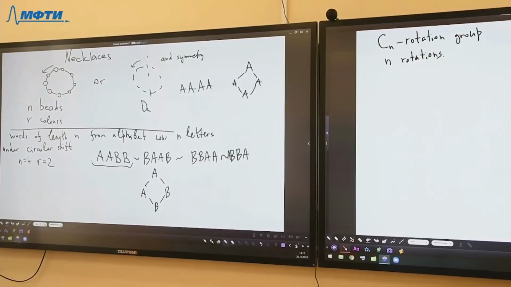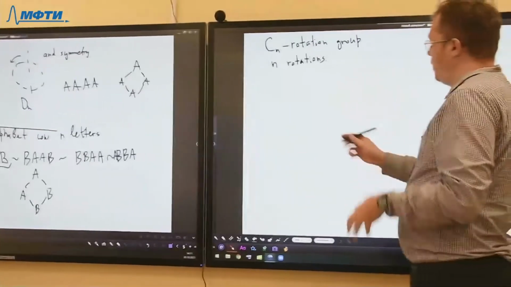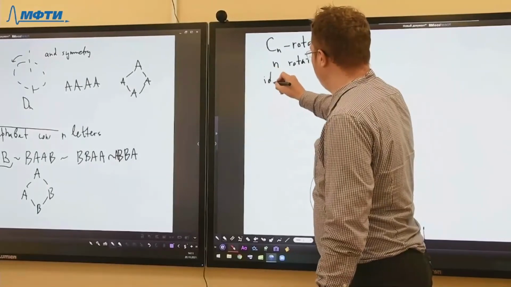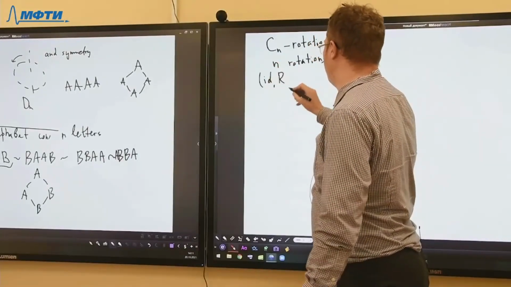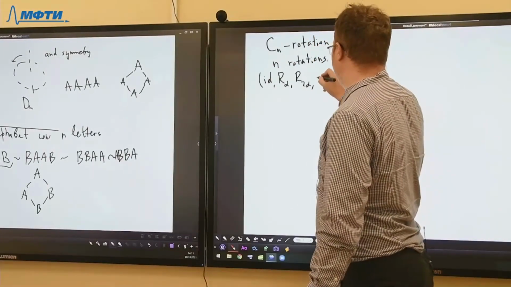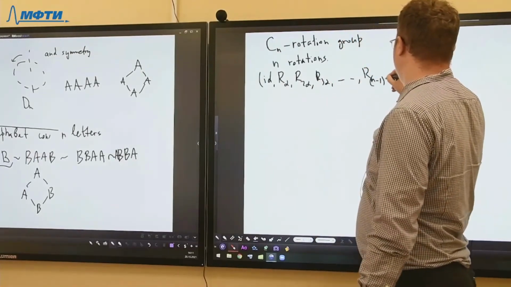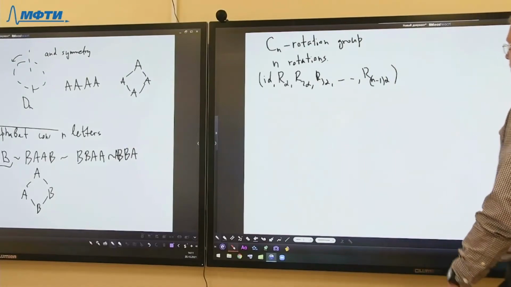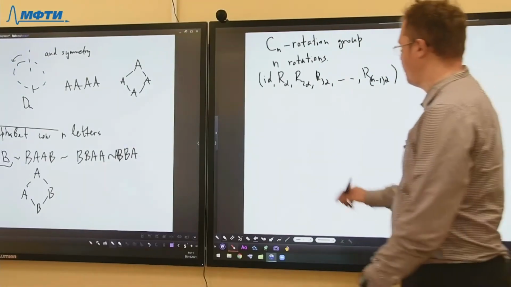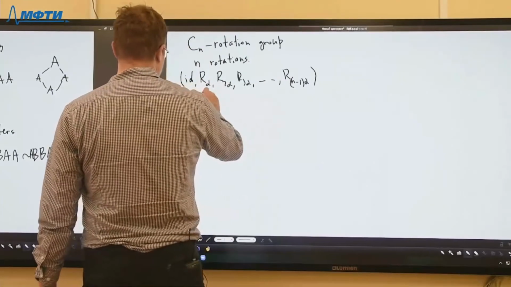So we have the identity, then rotation by alpha, by 2 alpha, by 3 alpha, and so on, up to rotation by the angle (n minus 1) times alpha, where alpha is 2π over n.